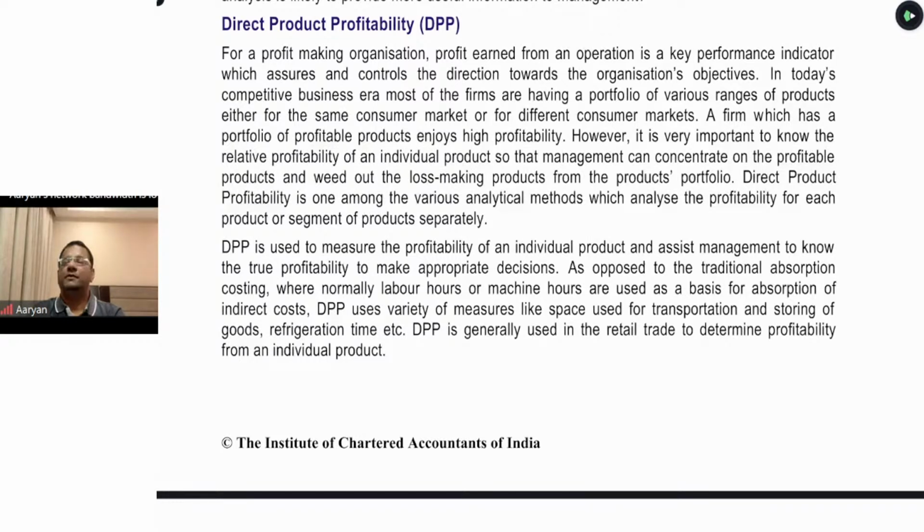Reason number two: the price differs significantly, ranging from a few rupees to thousands of rupees.